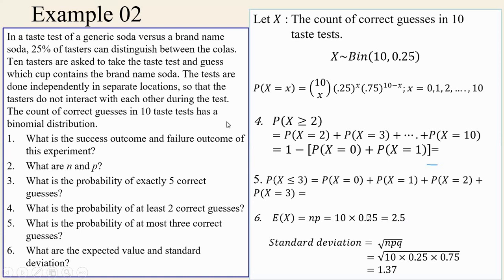It's expected on average 2.5 tasters identify the branded soda out of 10 tasters. Then standard deviation is square root of npq, that is 10 into 0.25 into 0.75, that is 1.37.